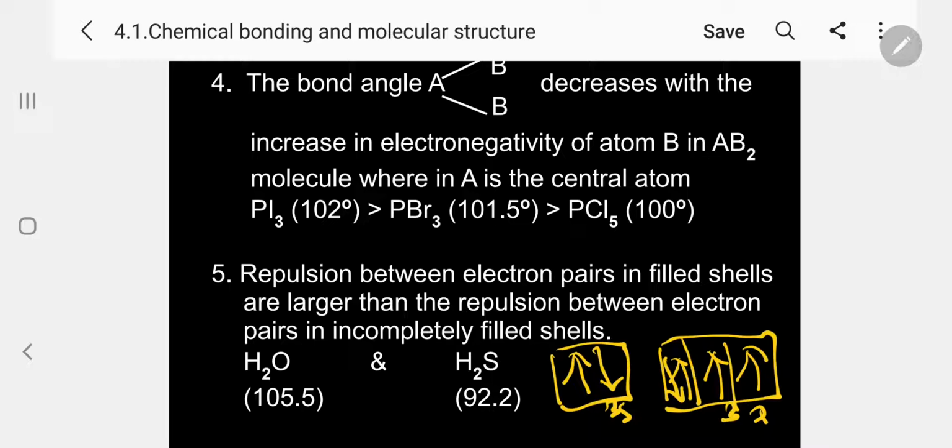Please follow. So repulsion between electron pairs in filled shells is larger. That means oxygen is larger than H2S, that is, the water bond angle is larger than H2S. So a question can be asked, kindly follow.